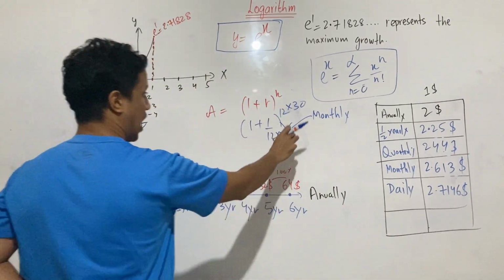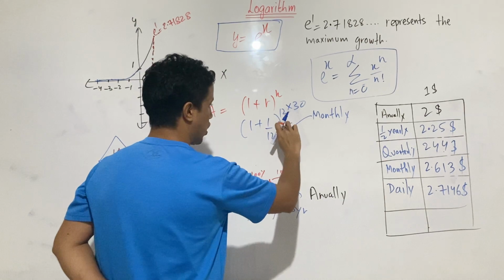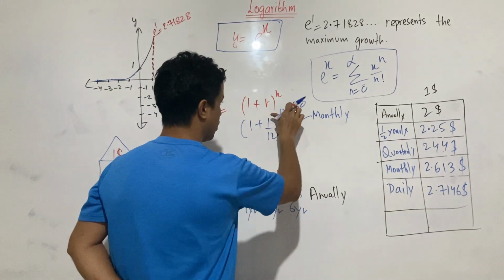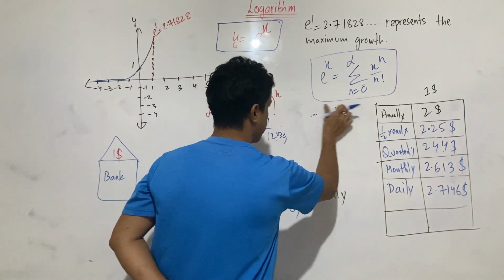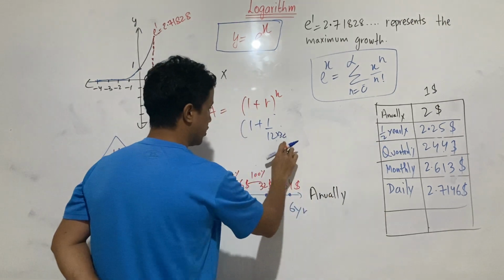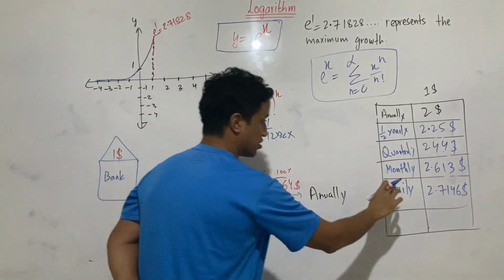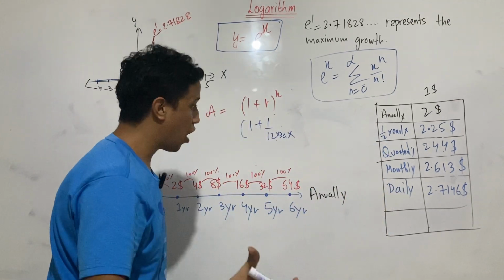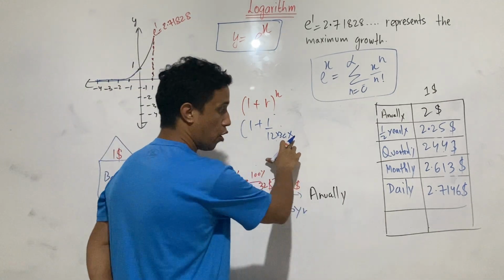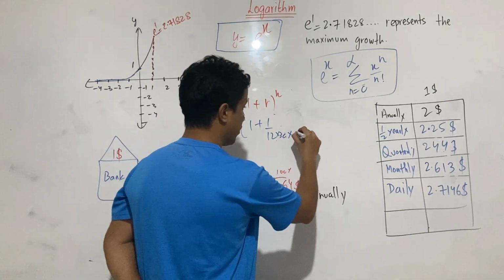Now from daily you can say, can you please do it hourly? If you do it hourly, then what would happen? 12 multiplied by 30 multiplied by 24, because now we are doing it hourly. So here how many hours? 24.